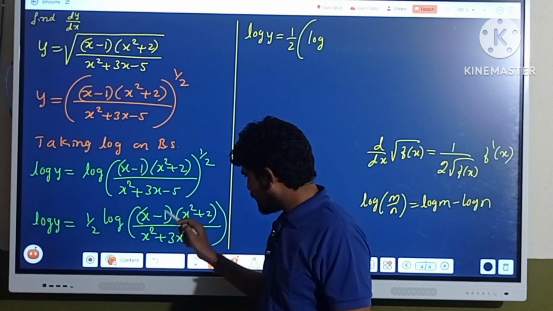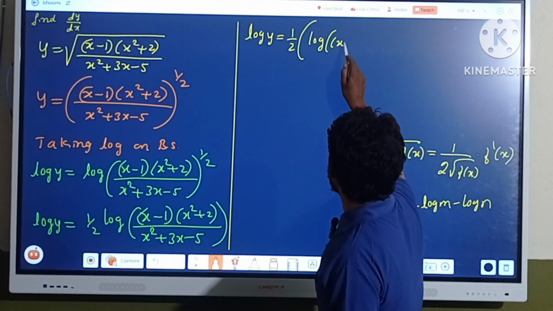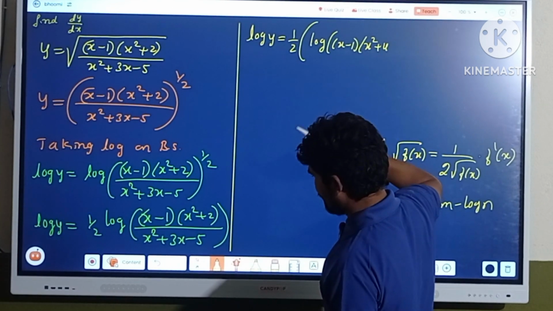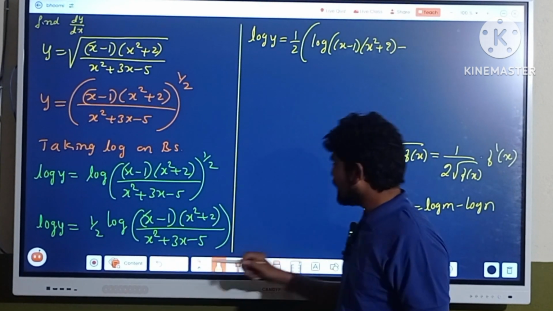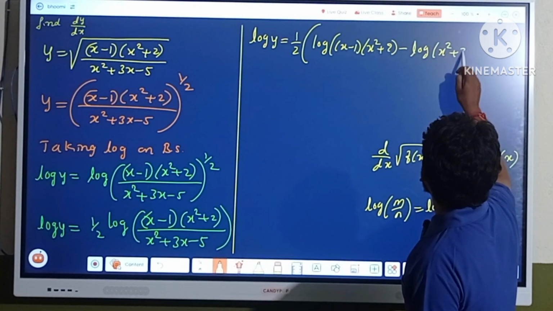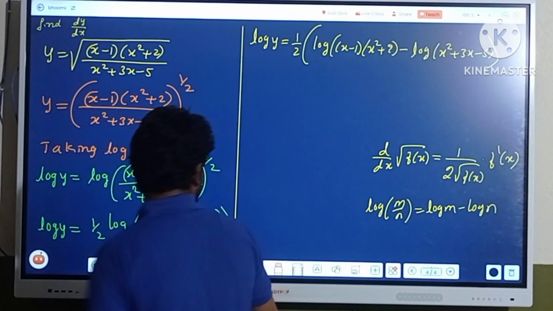It is of the form log m by n. So log m is x minus 1 into x square plus 2, minus log n. n is x square plus 3x minus 5. I hope all of you are understanding.